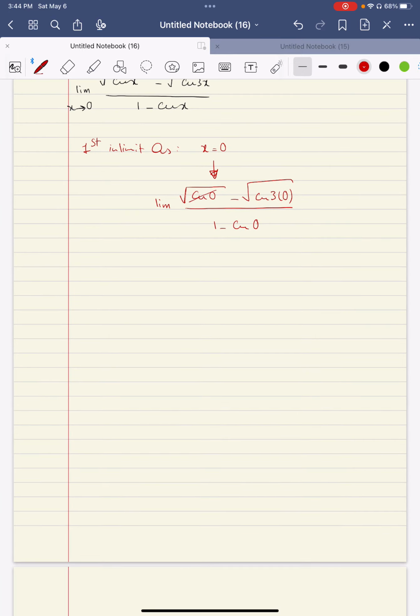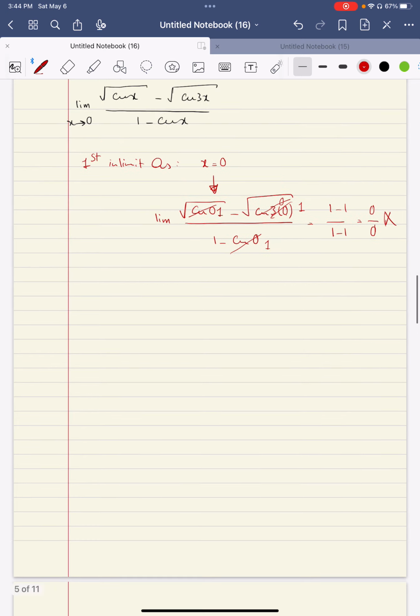So cosine 0 is 1, 3 times 0 is 0, and cosine 0 is 1, and cosine 0 is 1 as well. So the answer would be 1 minus 1 over 1 minus 1, which is 0 over 0. So it means that this is not the answer.